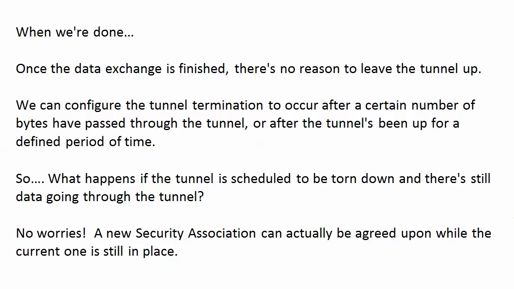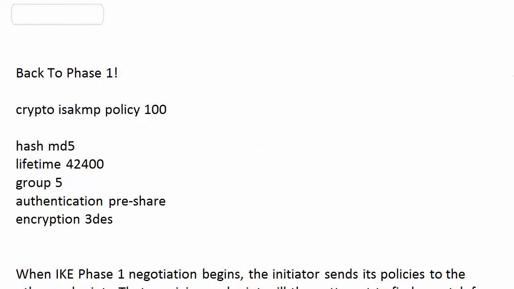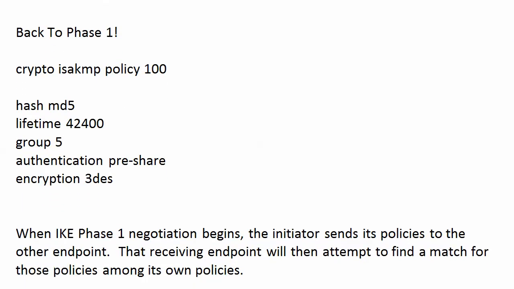Now let's go back to phase 1, and I've got here on the whiteboard for you a clip from a command line, and we will see this in Cisco Configuration Professional. We'll see it on the command line as well, but I want to show you these values now because this is what we're going to be working with, our crypto ISAKMP policy with IKE Phase 1.